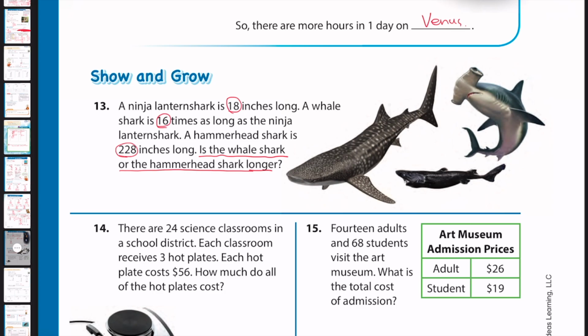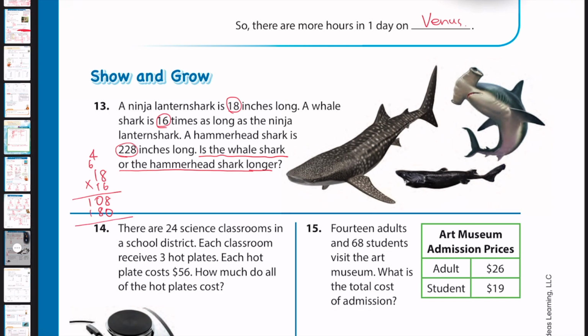How long is it? 18 times 16. Let's go ahead. 6 times 8 is what? 48. Carry 4 up. 6 times 1 is what? 6. 6 plus 4 is 10. And for the second row, you have to add 0 at the end automatically, right? And then let's multiply. 1 times 8 is 8. And then 1 times 1 is 1.